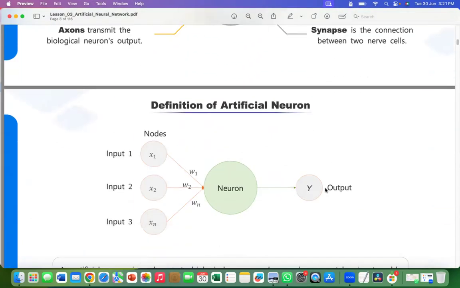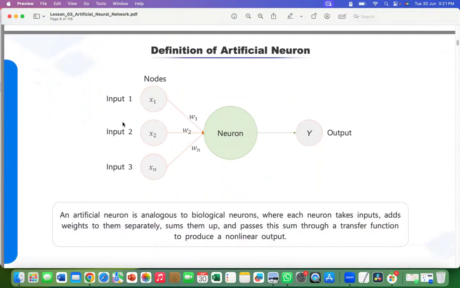Now let's talk about artificial neuron. Note, you can see here x1, x2, xn, ये सब nodes हैं जिसमें कि आपको कोई जो भी इनपुट है, इनपुट आते हैं. Then weights are there, and these are then sent to the neuron, and then ultimately we get the output.